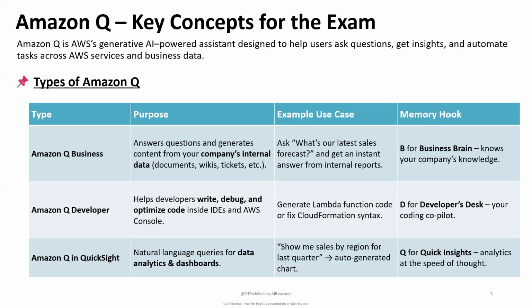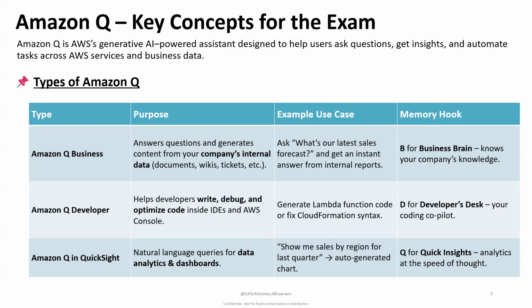So Amazon Q Business actually generates answers, question and answers, and content from company's internal data, documents, wikis, tickets, etc. So suppose, for example, if anyone asks what's our latest sales forecast, instantly it will go into your organization's sales documents, internal documents, and try to generate a report. So this is a memory hook we have given: B is for business brain, and knows your company's knowledge.